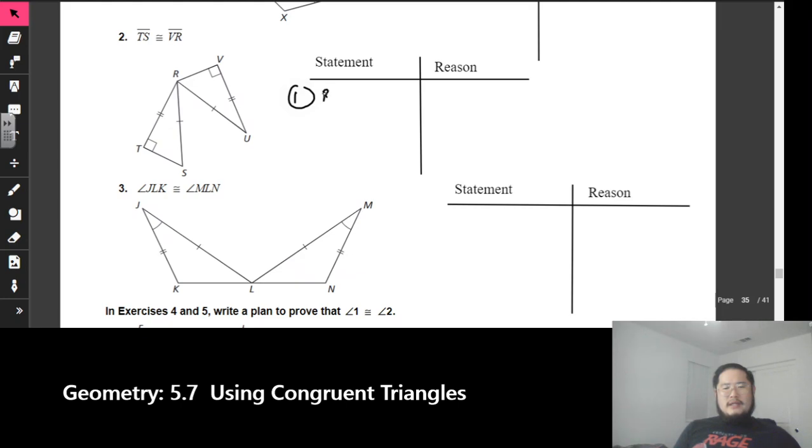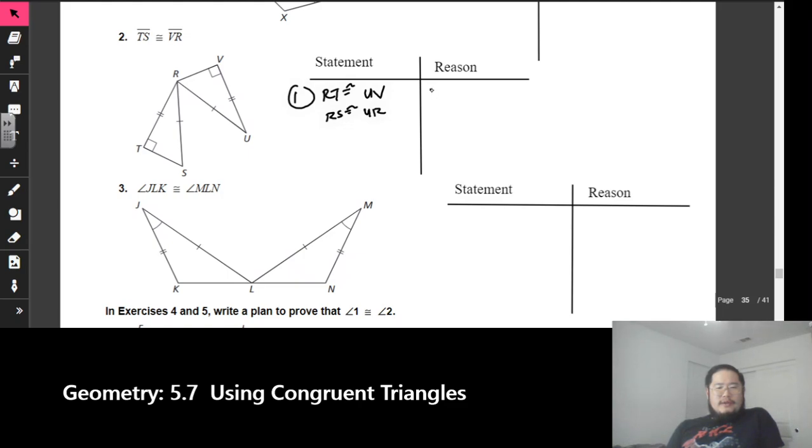Certain things I see here is that RT is congruent to UV. I've got right here RS is congruent to, what is it? We got UR. Okay, we want to make sure we put things in the correct order. What else do we have here? I guess we go ahead and put those two.